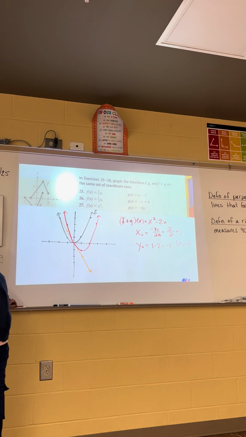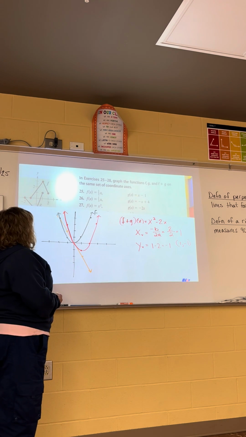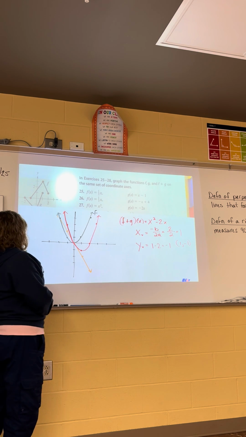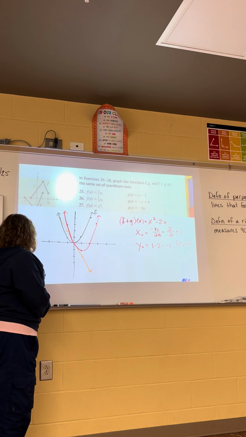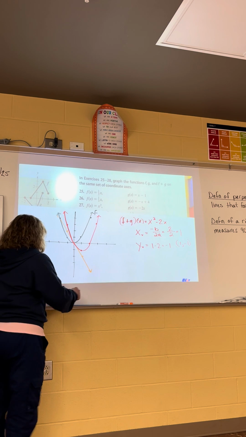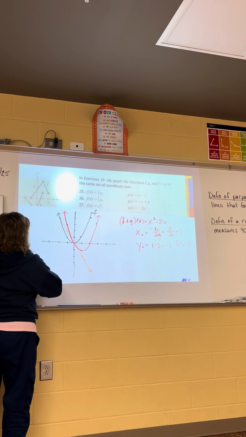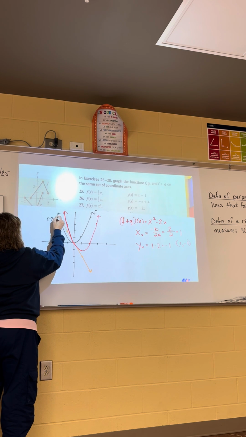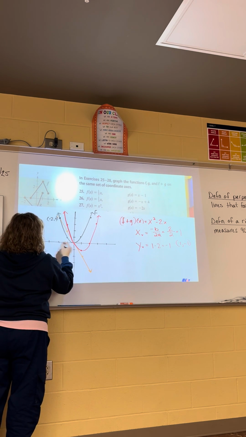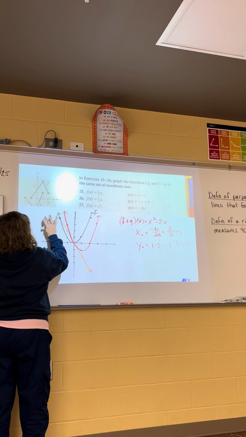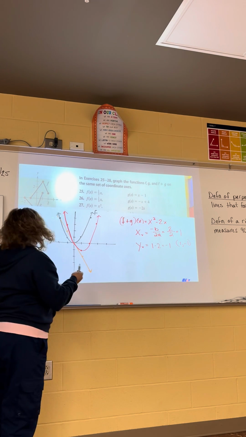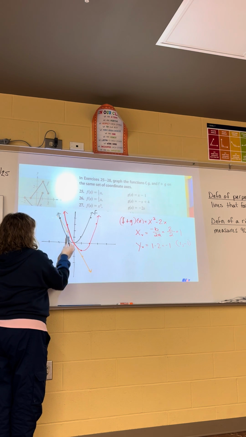Okay, do you want to know another way you could do it? Okay. I want to look at a point where they both have the same x. So here, they all three have this x.